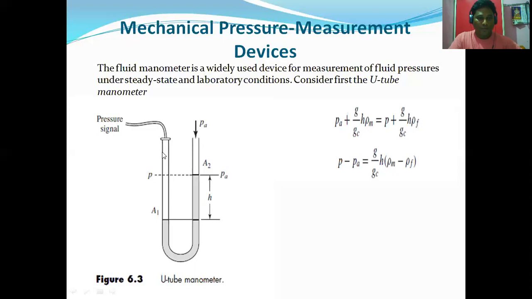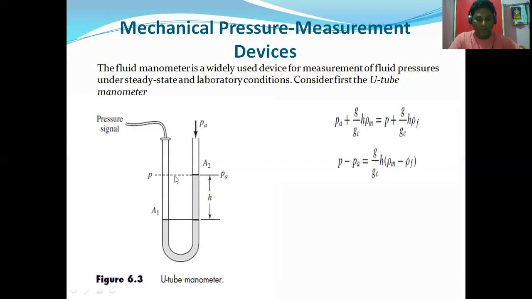We give the pressure signal here, and the pressure is moving from this direction. This part is A2, this part is A1. The location is designated by the dotted line.